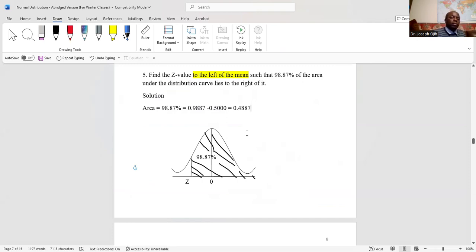Now the z becomes negative because it's on the left side. Look for 0.4887 on the table. Okay, 0.4887 should be okay. Let's see, it's actually on the table. What is my table? Oh, it's going to be here. 0.4887.